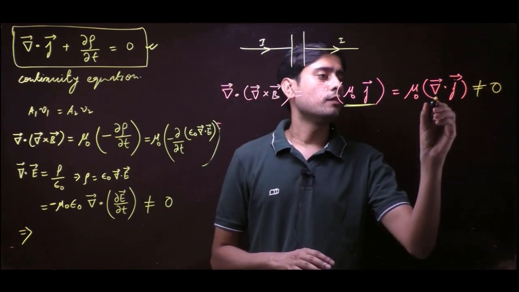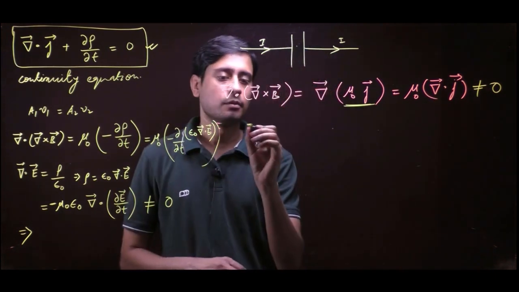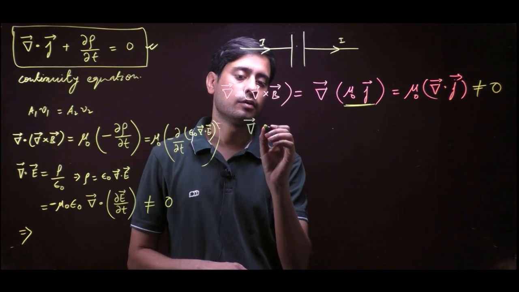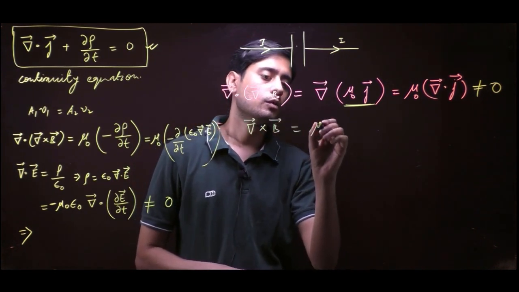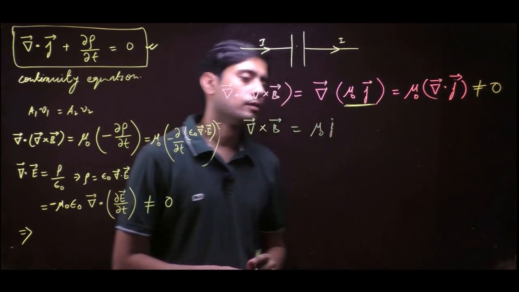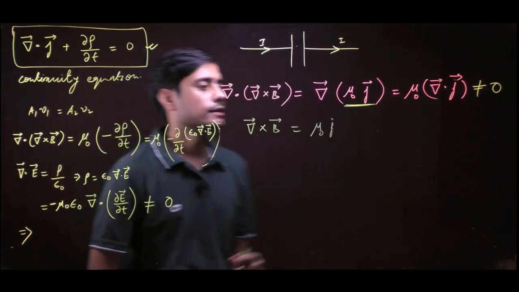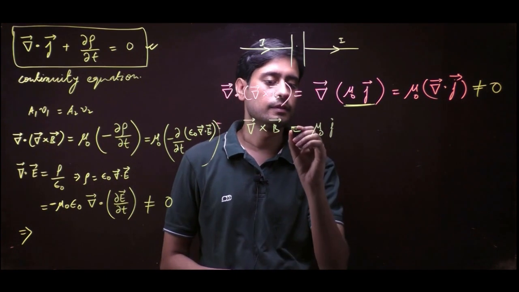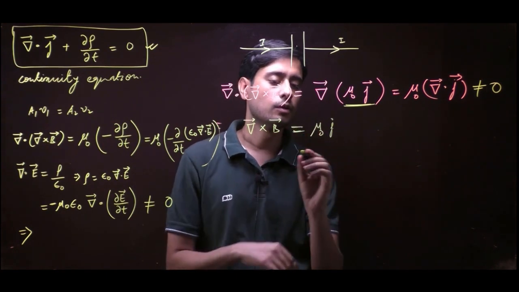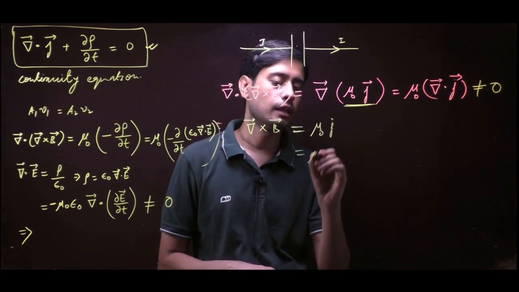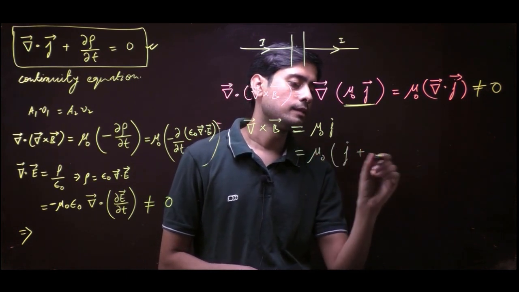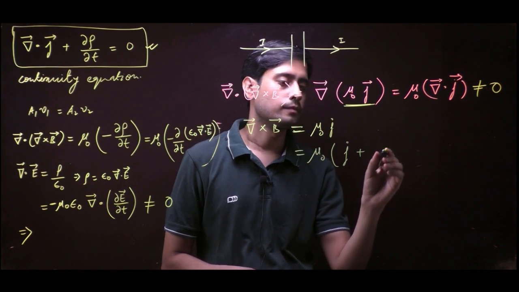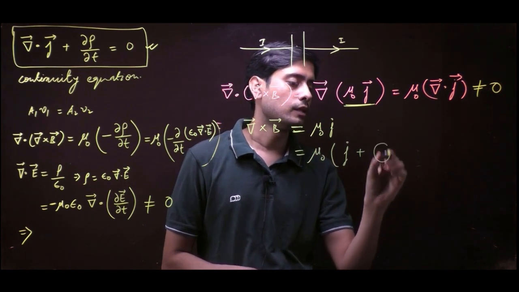So instead of writing Ampere circuital law in this form, del cross B equals mu naught J, we must write it like this. This is not completely true, but it must be written like this: mu naught into J plus some term. There is a missing term here.